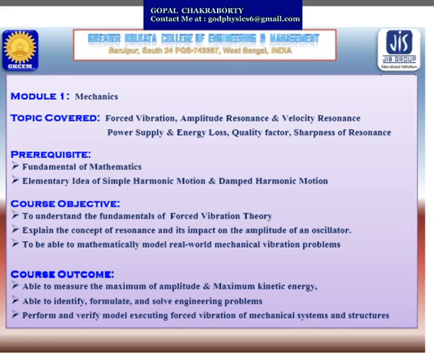After completion of this course, the course outcomes are that students will be able to measure the maximum amplitude and maximum kinetic energy. They will also be able to identify, formulate and solve engineering problems related to forced vibration. They can perform and verify models of forced vibration of mechanical systems and structures.